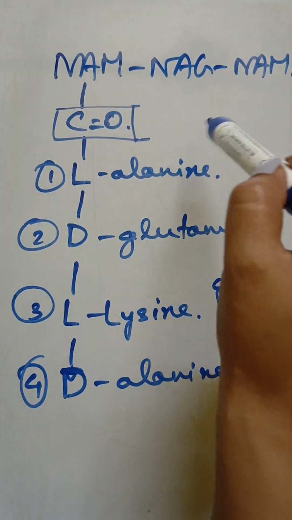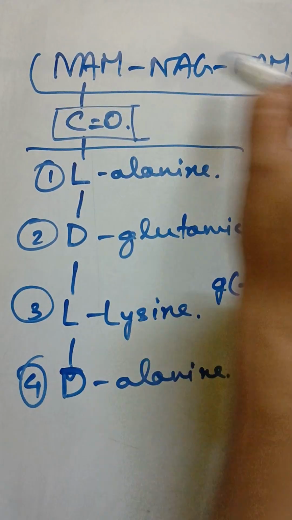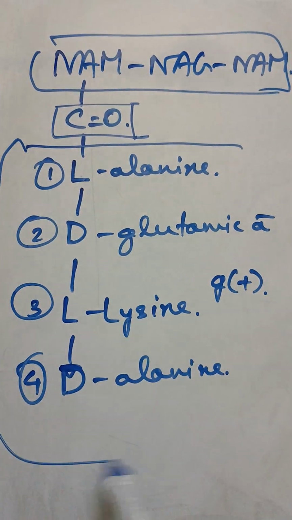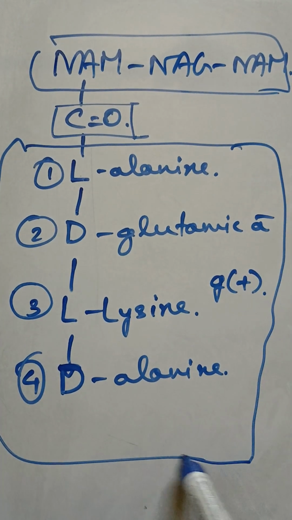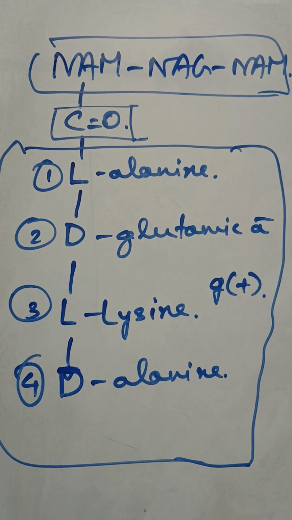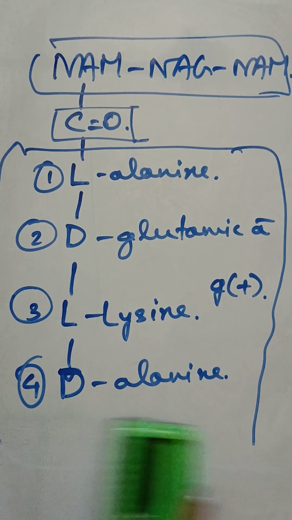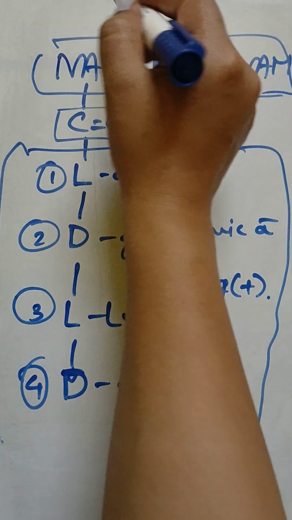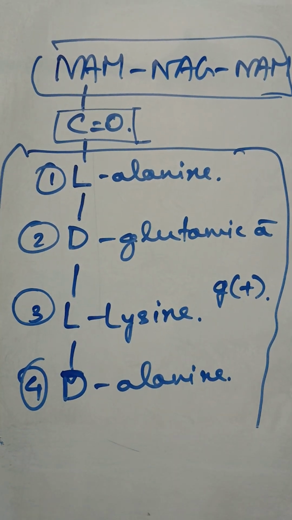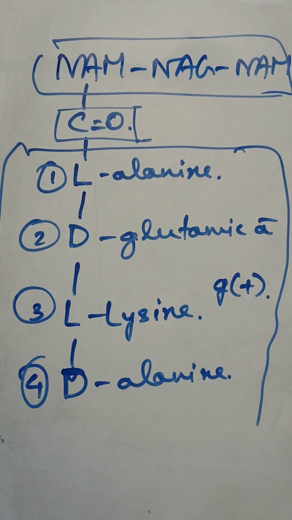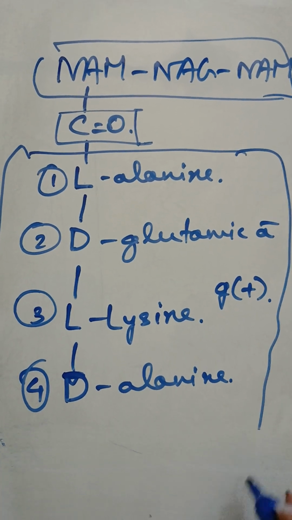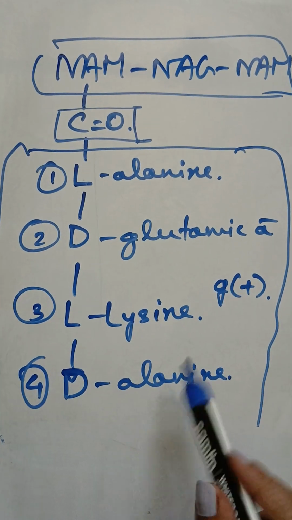Okay, so this is a sugar moiety, and this is the peptide which is made up of 4 amino acids. So these are generally present in a single subunit. Now the other subunit also contains the similar structure.